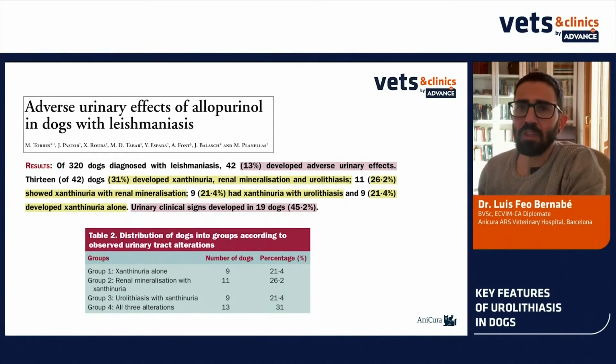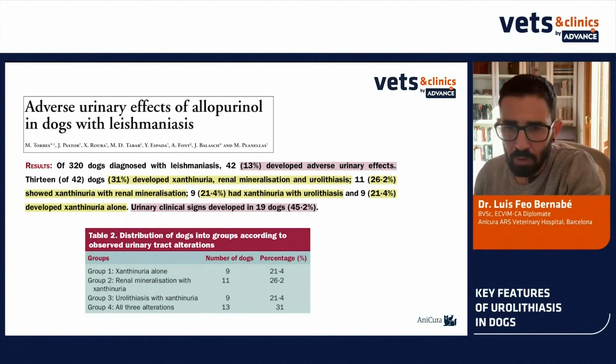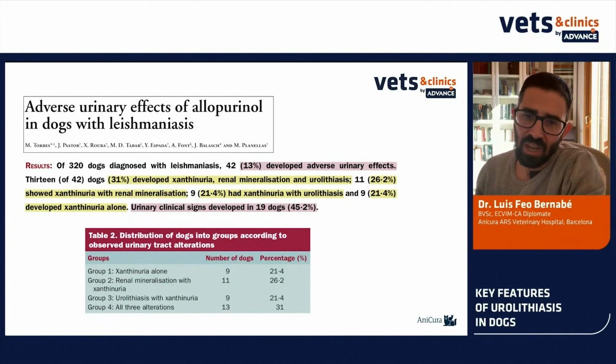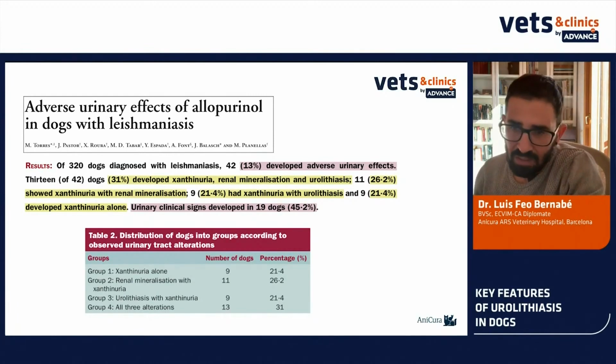There is not much information about that, but there's a nice paper from the University of Barcelona that found that around 13% of the cases with leishmania that you are giving allopurinol will develop xanthinuria, renal mineralization, or urolithiasis.